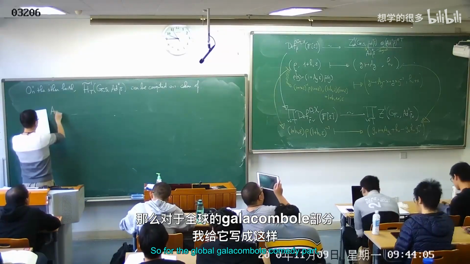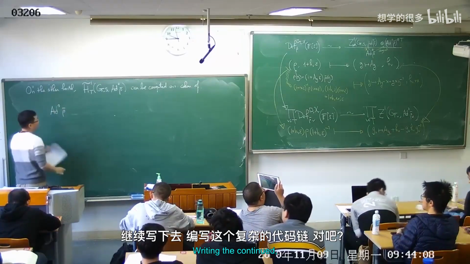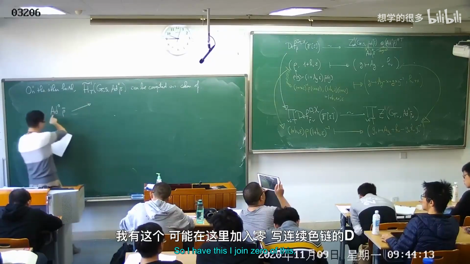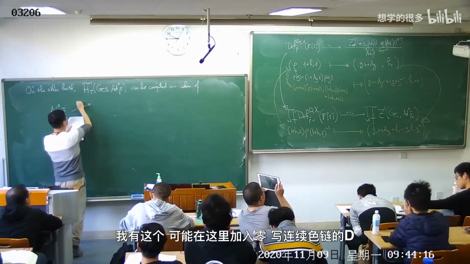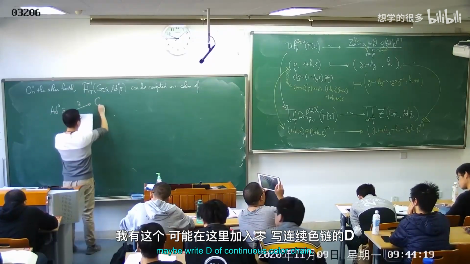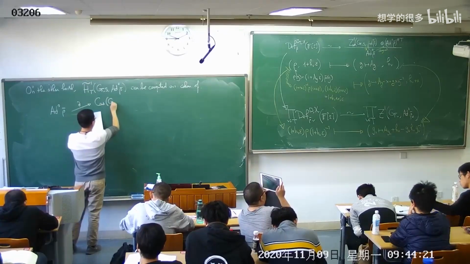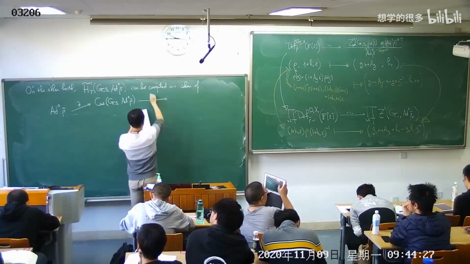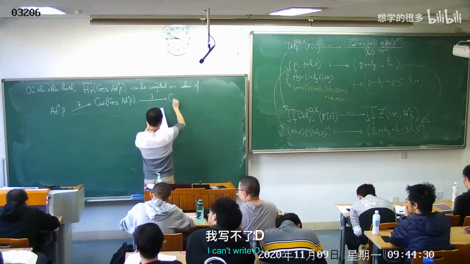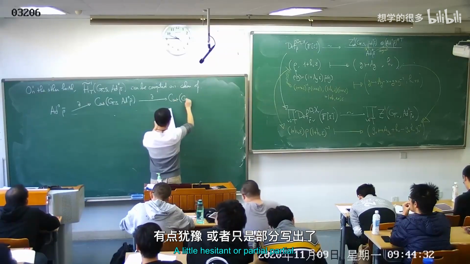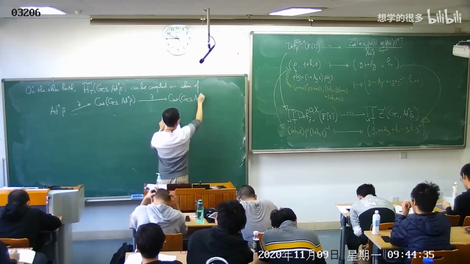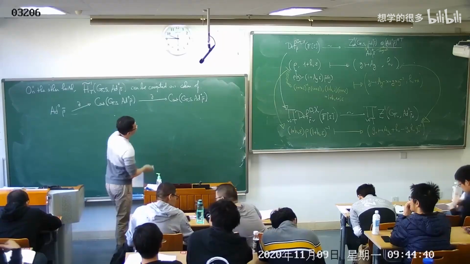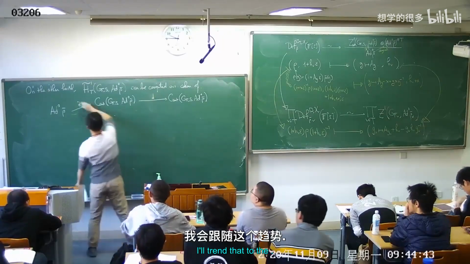So for the global Galois cohomology part, let me write it as follows: writing the cochain complex, right? So I have this adjoint zero of this. Let me write D of continuous cochain. I'm a little hesitant whether I want D or partial. Maybe I write D, and I'll change that to D in a bit.